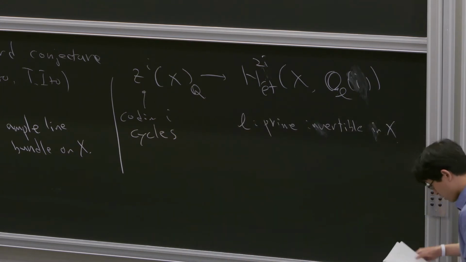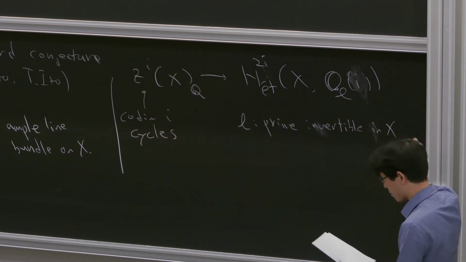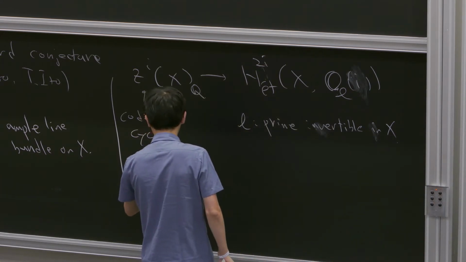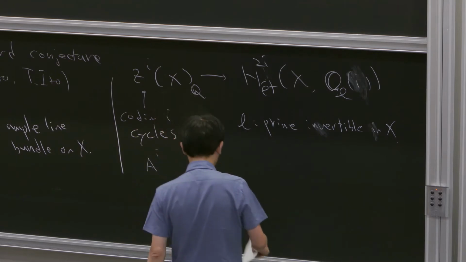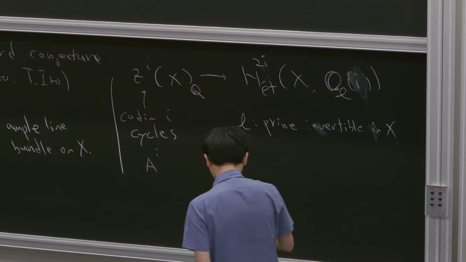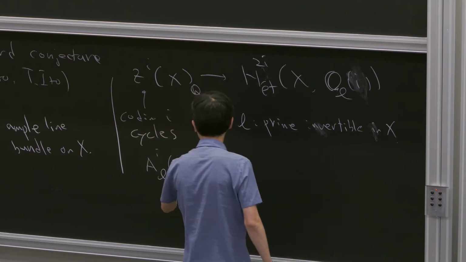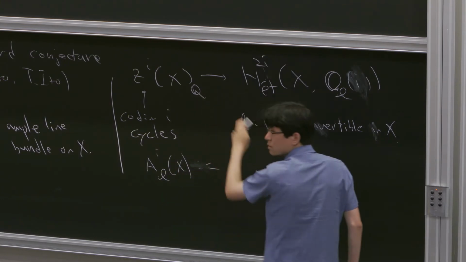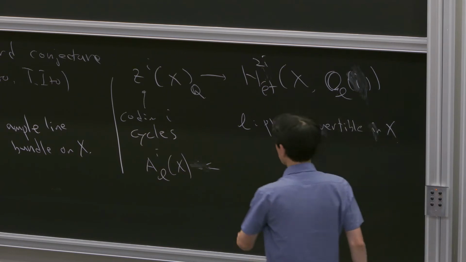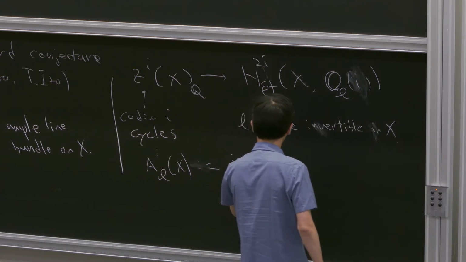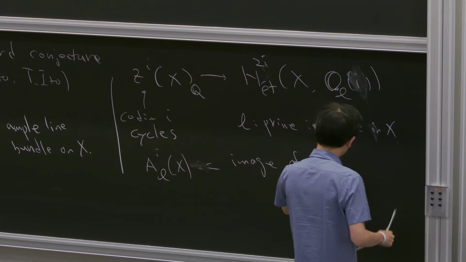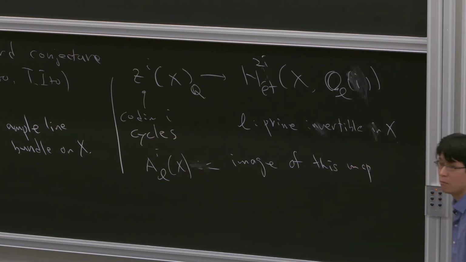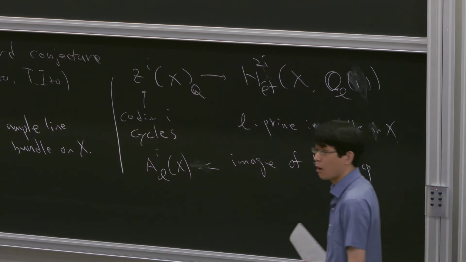Okay, so this is just notation, and one more notation. I'm not sure this is standard, but let me write A^i_l(X) for the image of this cycle class map. So this is like algebraic classes in cohomology.